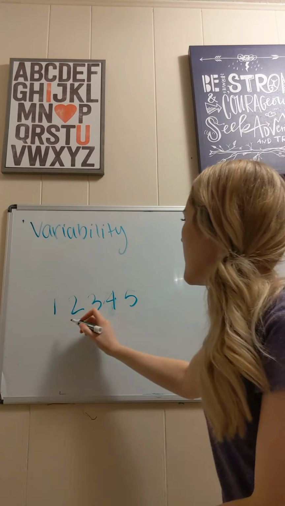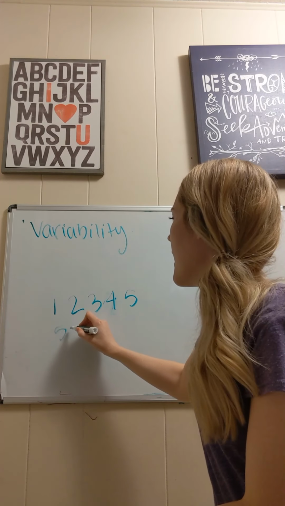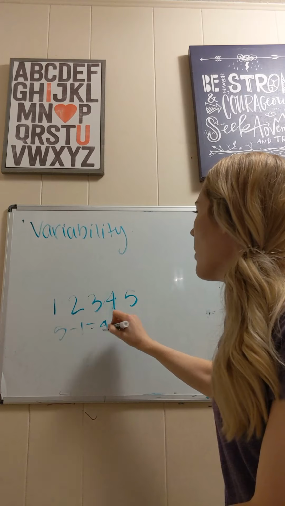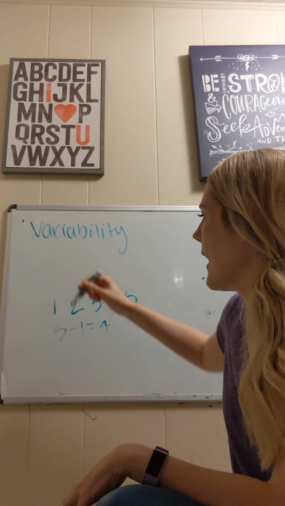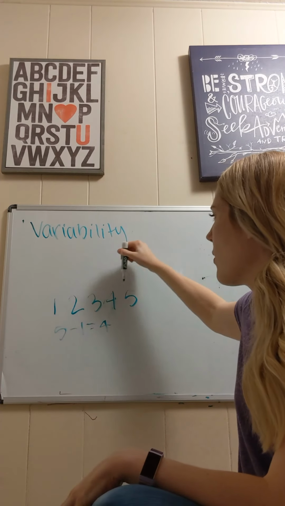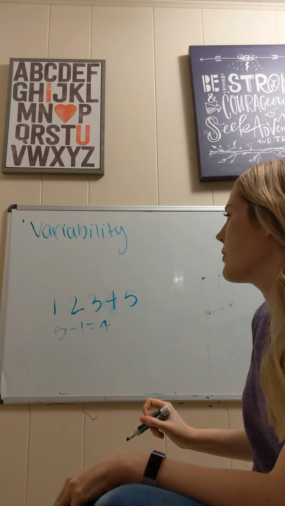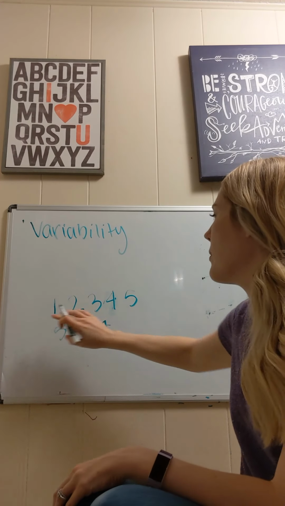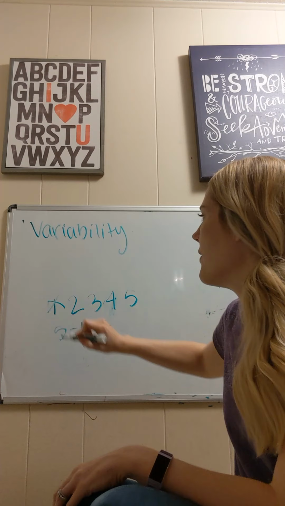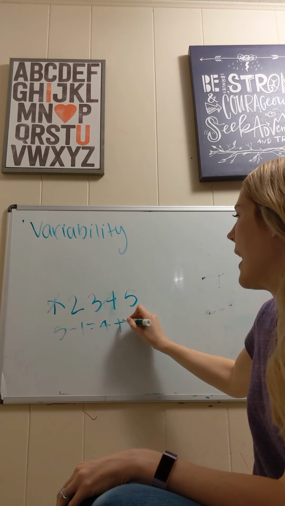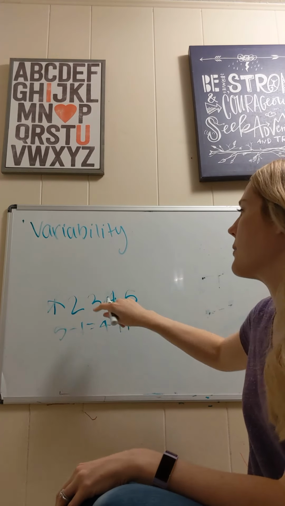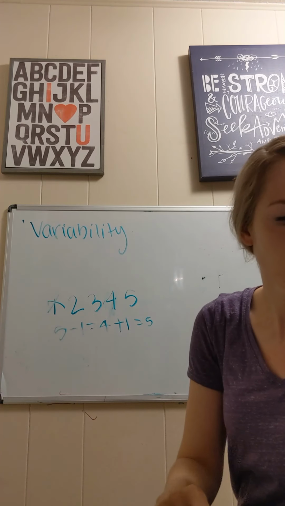If I tried to find the range, I just did 5 minus 1, it would be 4. But if you actually count the attributes, it's 1, 2, 3, 4, 5. There are actually 5 attributes. If you just minus the top from the bottom, you're going to lose out on this attribute, and you don't want to do that, so you have to add it back in. So that's why we add 1 here.